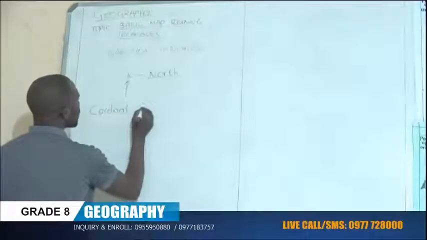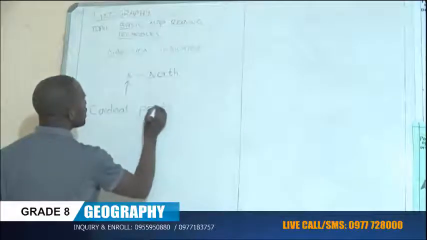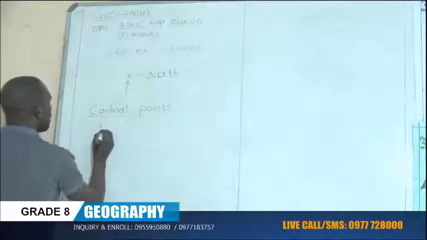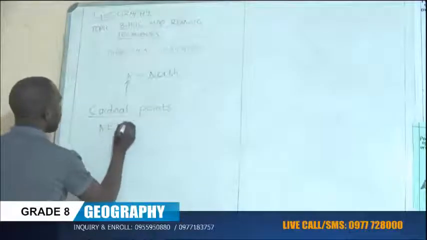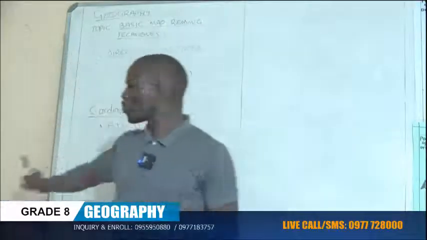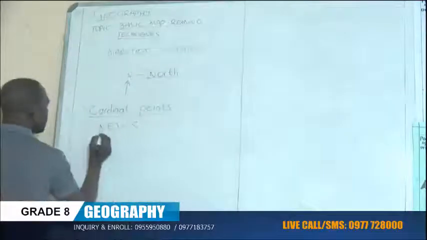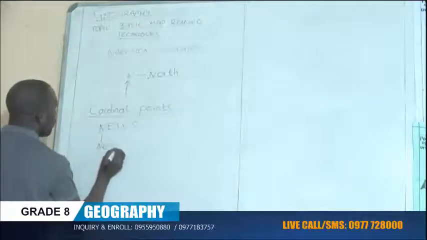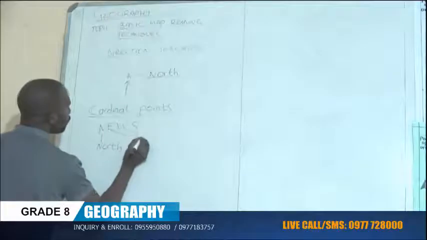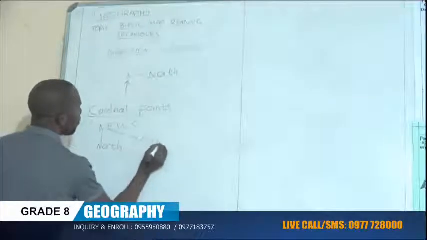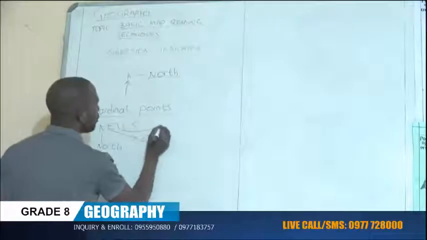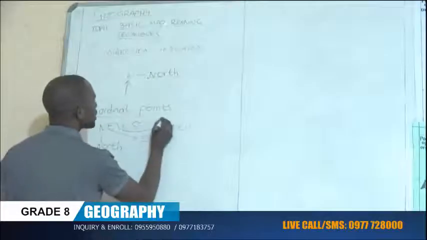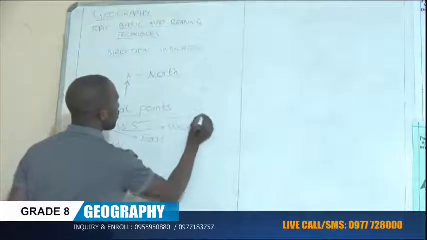It's the work of cartographers. Now, cardinal points, these points come from this word which I will write for you in capital letters. The word NEWS. The N for north, the E for east, letter W for west, and letter S for south.